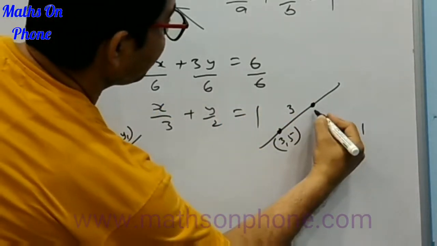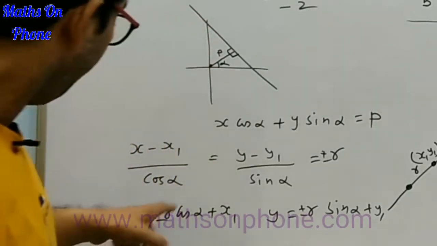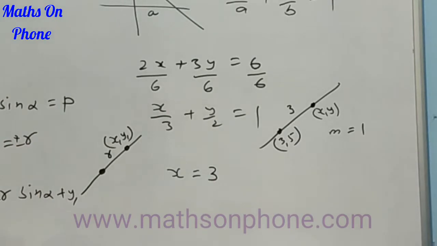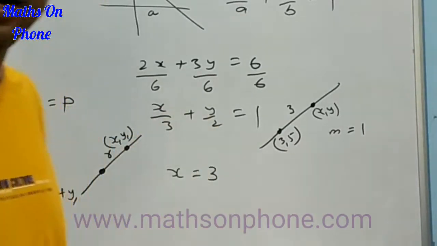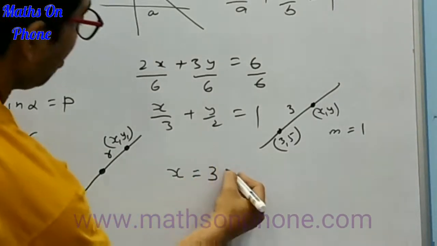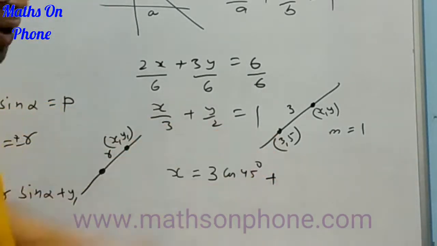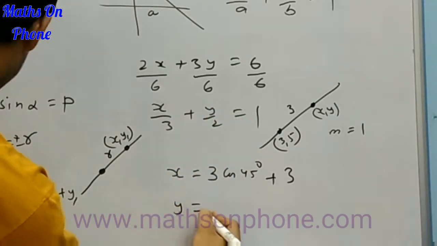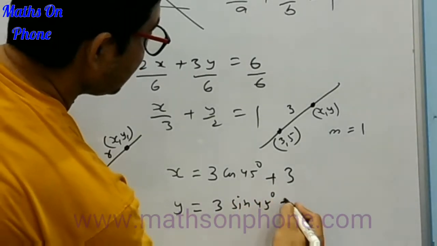We can find this point as x is equal to, we saw here r cos alpha. r is what? 3. Cos alpha, alpha is 45 degree because slope is 1. So that is r cos 45 degree plus x1. x1 is what? 3 here. And the y coordinate we can find as r sin alpha, 3 sin 45 degree plus 5.